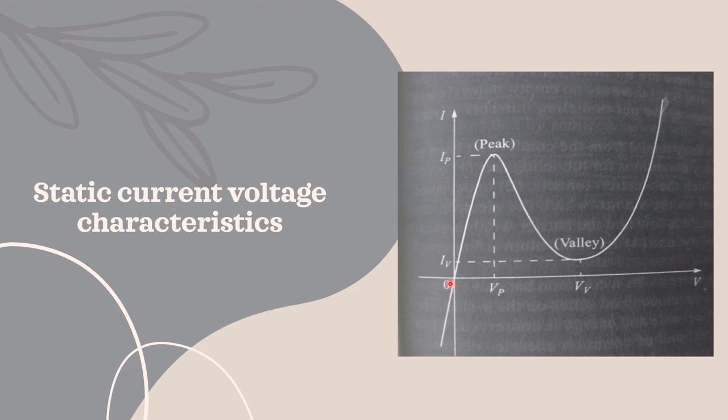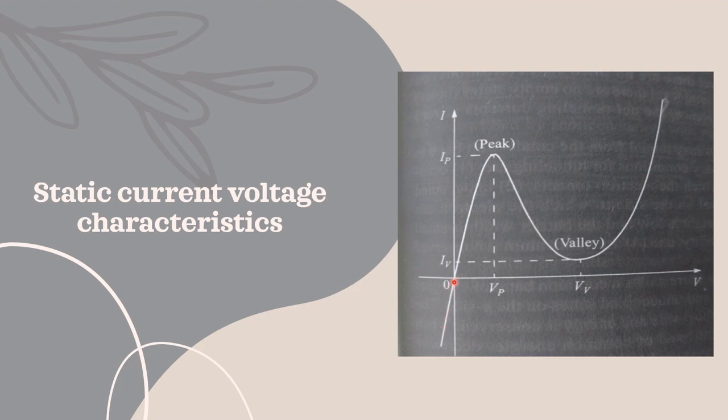First of all, we discuss what will happen when we apply a reverse bias voltage across a tunnel diode. What does it mean? It means we apply negative bias at the P side with respect to the N side, and the current increases monotonically.